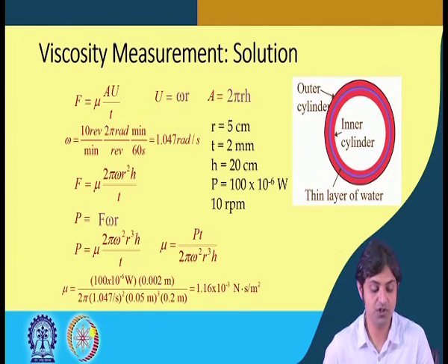On substituting the values, P as 100 into 10 to the power minus 6 watt, thickness as 2 millimeters, omega we already found out, it was 1.047, r cube, r is 5 centimeters or 0.05 meters, and h is 0.2 meters, we can get 1.16 into 10 to the power minus 3 Newton second per meter square.